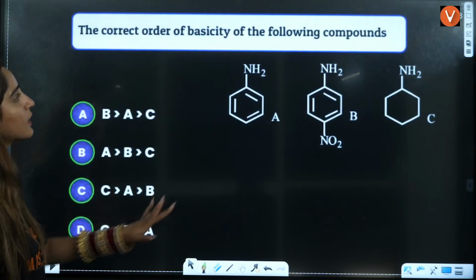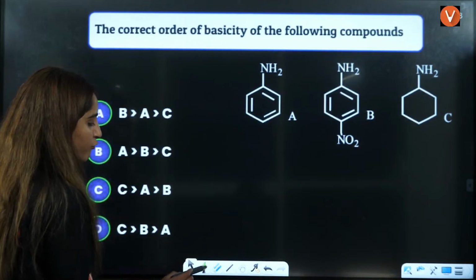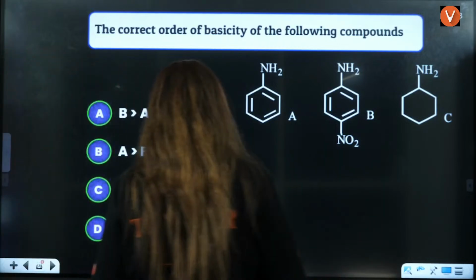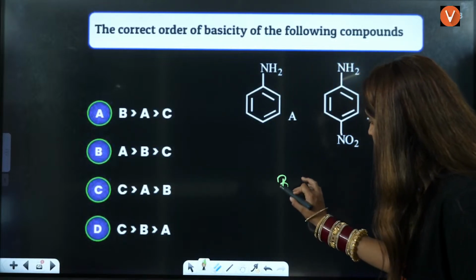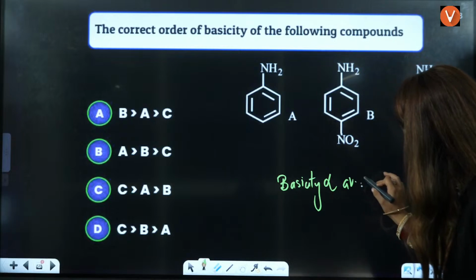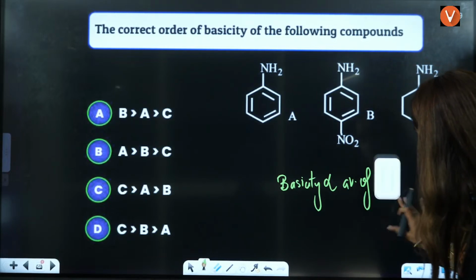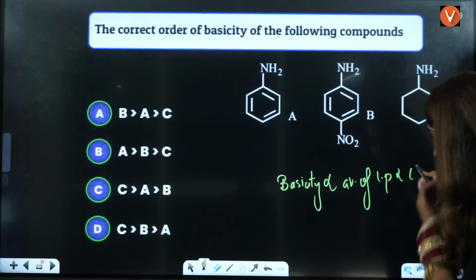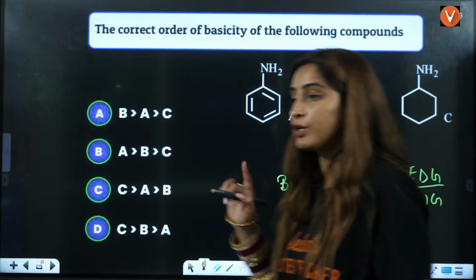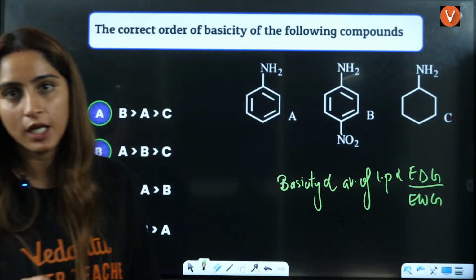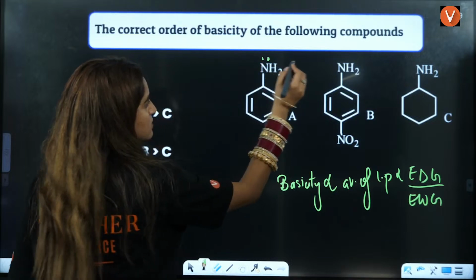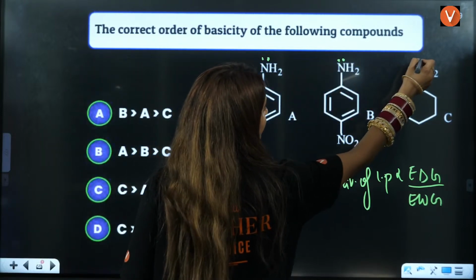Next is the correct order of basicity for the following compounds, right? Basicity of amines is highly asked. It is dependent on availability of lone pairs, okay? Availability of lone pairs is directly proportional to electron donating groups and inversely proportional to electron withdrawing groups here. Check the availability of the lone pair. This is the lone pair, this is the lone pair, this is also the lone pair, okay?